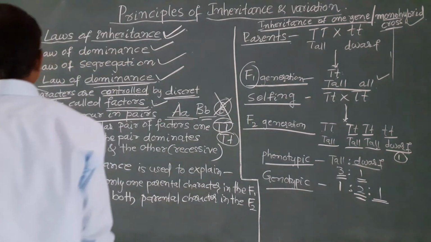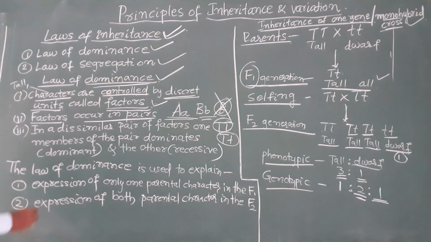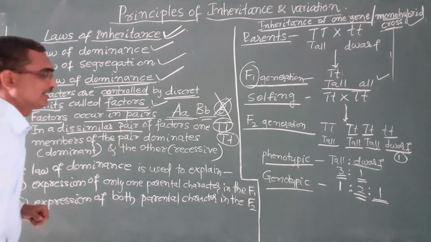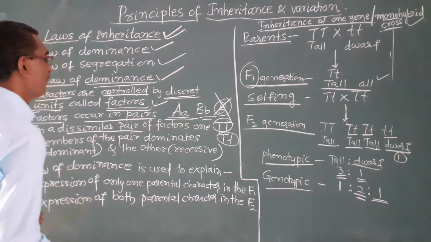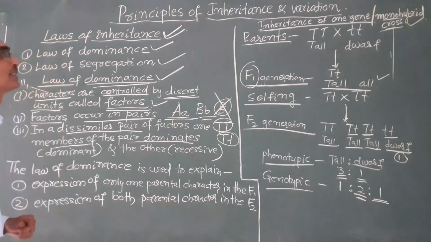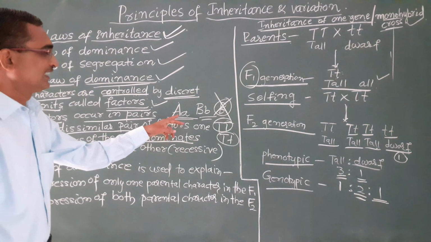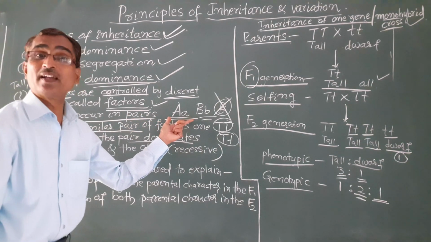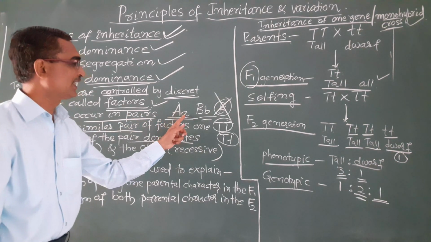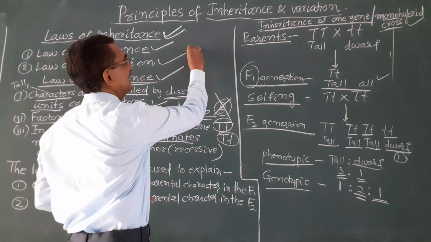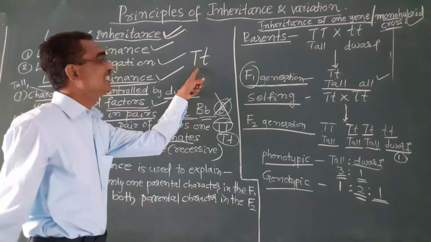He also said that in a dissimilar pair of factors, one member of the pair dominates. These are dissimilar pairs because they are not similar; they are different.